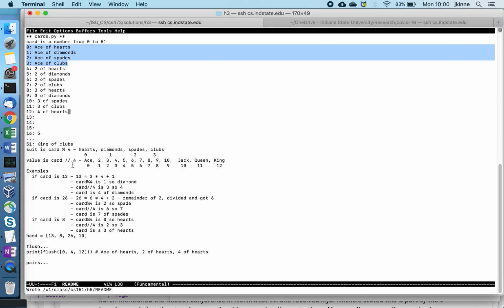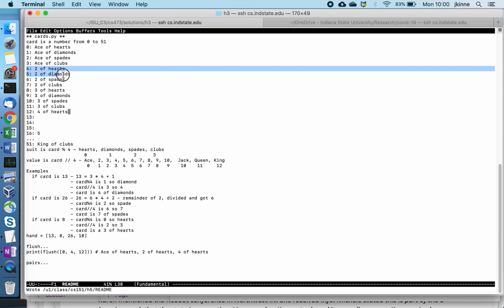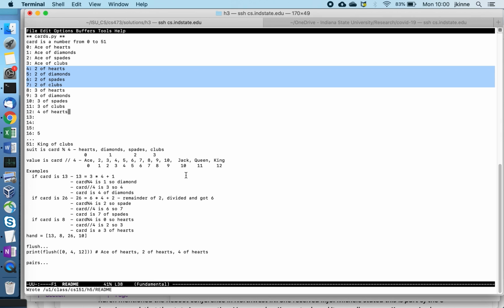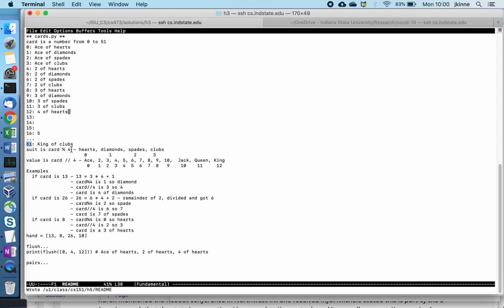So I divided by 4 with a 0, I'm calling that an ace. If I divide by 4 and round down and I get a 1, I'm calling those 2s. And then 3s, and then 4s, and so on. And the kings would be at the end. So 51 divided by 4 is 12, remainder 3. So 12 is a king, remainder 3, I'm calling a club.